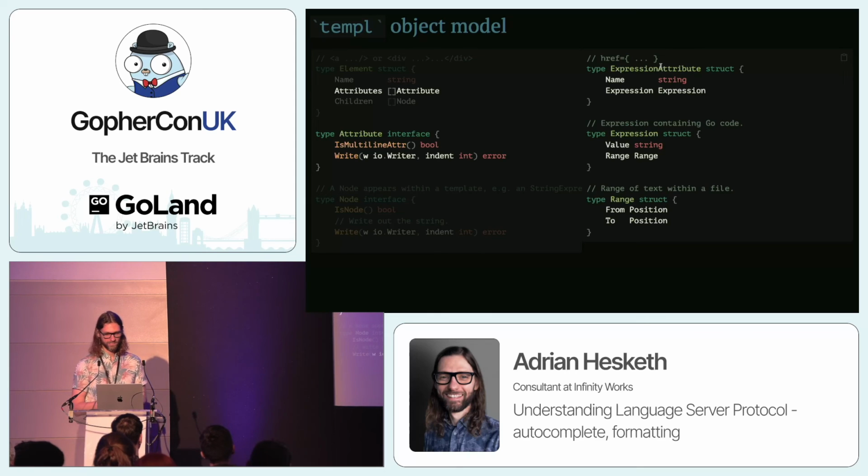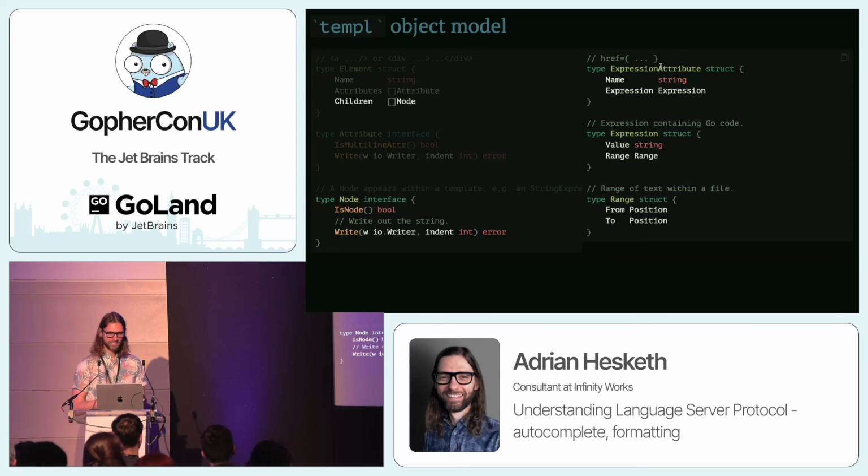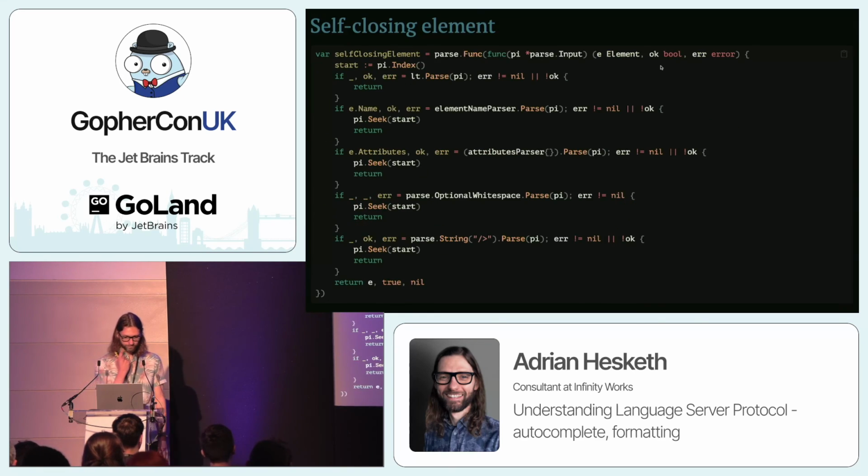So there's an interface that defines those. And then inside your element, you might have a series of nodes. Those nodes might be if statements, but they might also be other HTML elements, which then themselves contain a tree of elements. So we want to create an object model that contains this kind of document so that we can provide that LSP functionality. And it uses this parsing library to do it.